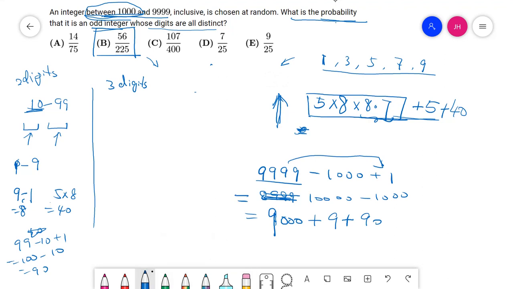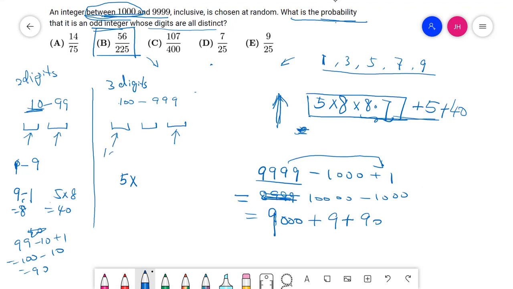Okay, so for 3 digits, it'll be something like from 100 to 999, right? We will use the same principle as the 4-digit numbers. For the 1st digit, it got to be one of the 5 odd numbers. So we have 5 choices. Now let's look at the leading digit, which is the 100th digit.